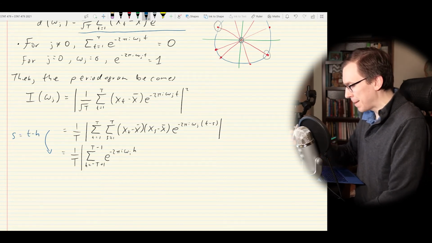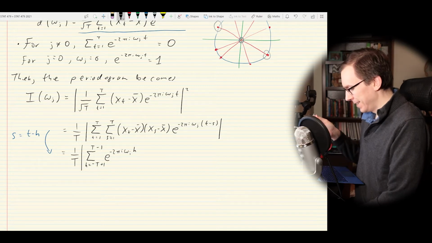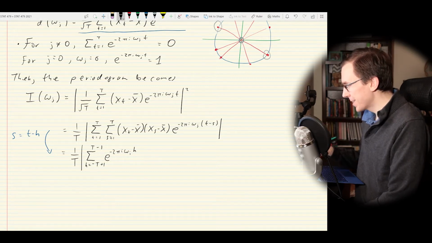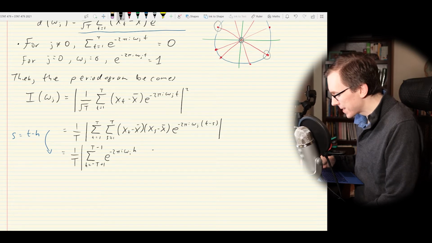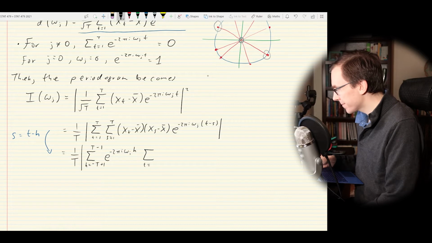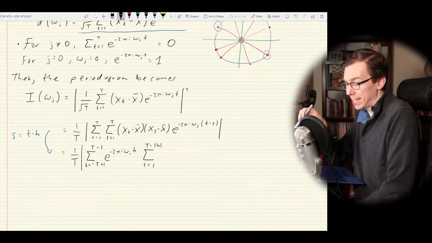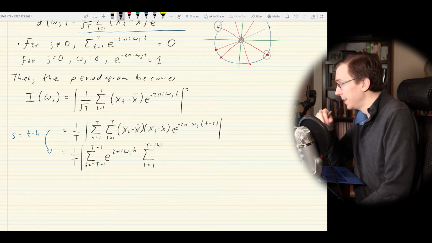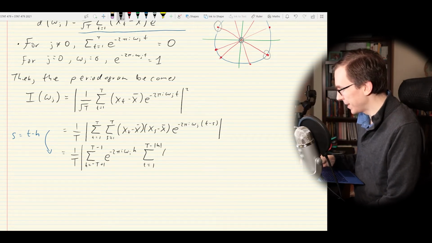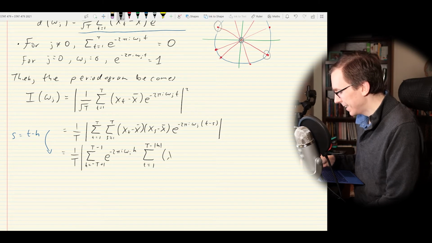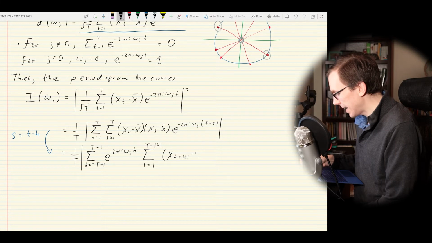So that what ends up happening is that we now have the sum over all the h's, and we're also going to sum, hopefully we get all these things correct here, t from 1 to capital T minus the absolute value of h, because h could be negative or it could be positive. And what we're doing is we're summing the x's, x_{t+h} minus x bar, x_t minus x bar.